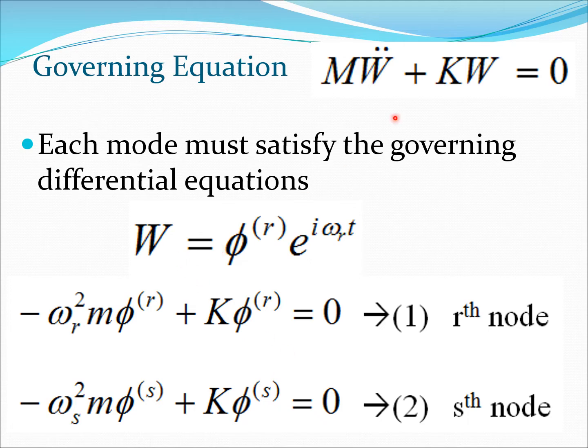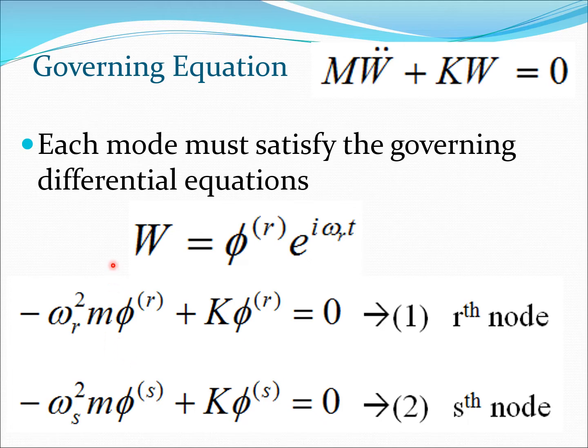If you were to substitute this here, you would of course get a term K into phi r, and then you would have a second derivative of this term here. So essentially that's a time derivative, so only this part gets differentiated, and so you would get a frequency squared term here. You would get a -1 because i squared is -1, and then you would get the M here. So sometimes I'm mixing capital and small m, so don't mind that.